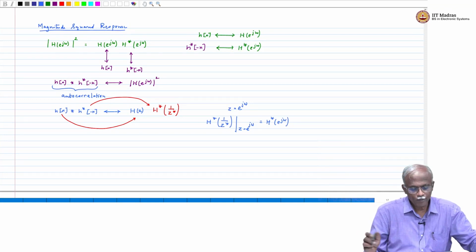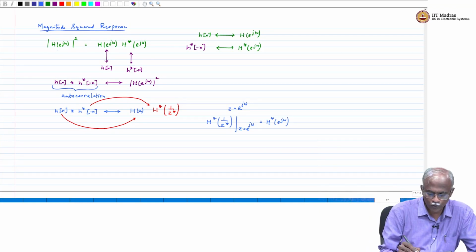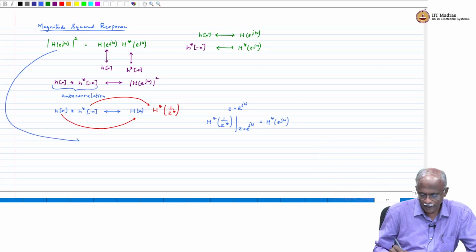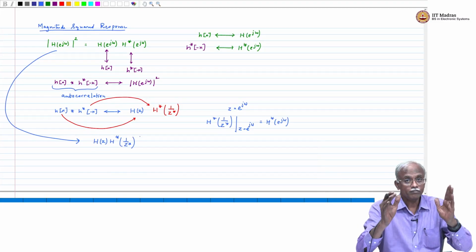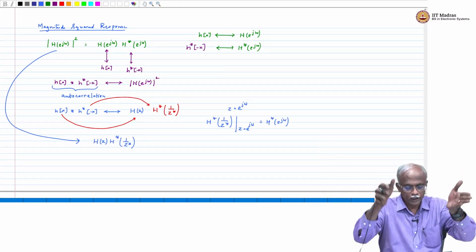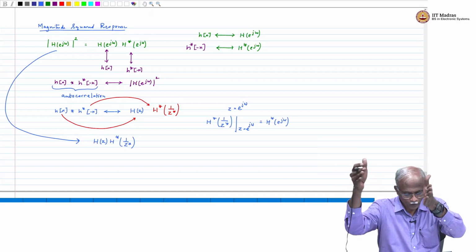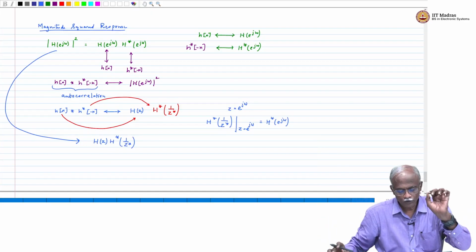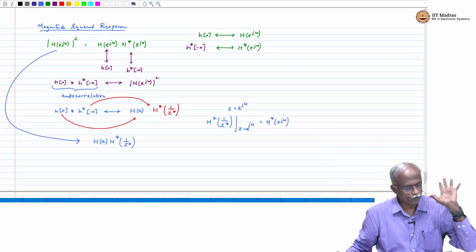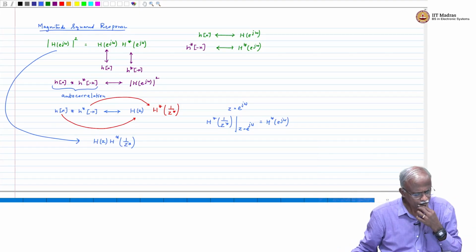So looking at the magnitude squared response is the same as looking at the product of H(z) and H*(1/z*). The magnitude squared response on the unit circle is |H(e^{jω})|². Anywhere on the z plane, it will be the product of H(z) and H*(1/z*).